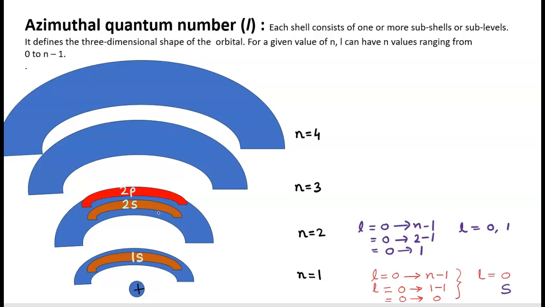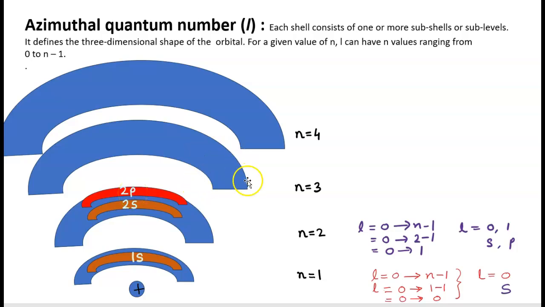The azimuthal quantum number has two values, that is 0 and 1. 0 stands for s subshell and 1 stands for p subshell. So you can see in the second energy level there are two subshells. One is s subshell and the other one is p subshell.